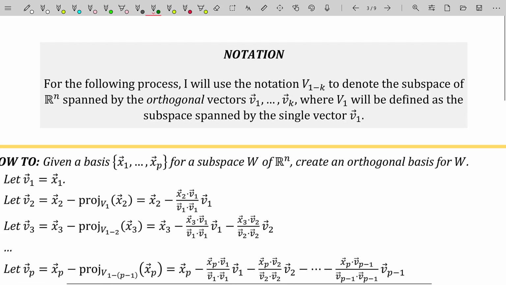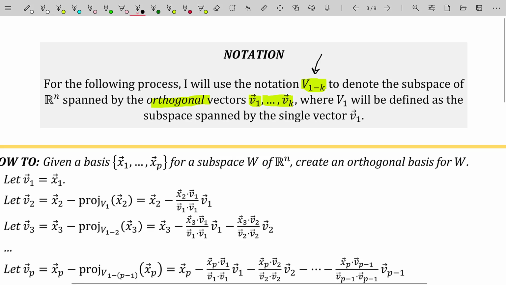For the following process, I'm going to use a different notation than likely your instructor or the author of your textbook uses. I'm going to use the notation v sub 1 through k to denote the subspace in Rn spanned by the orthogonal vectors v sub 1 all the way through v sub k.